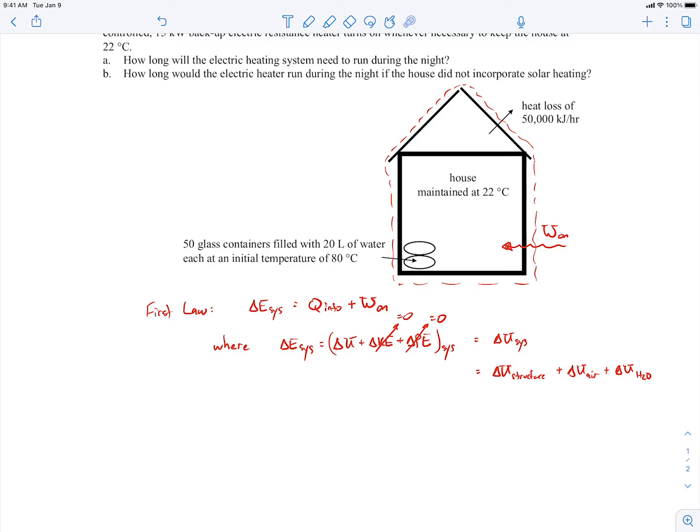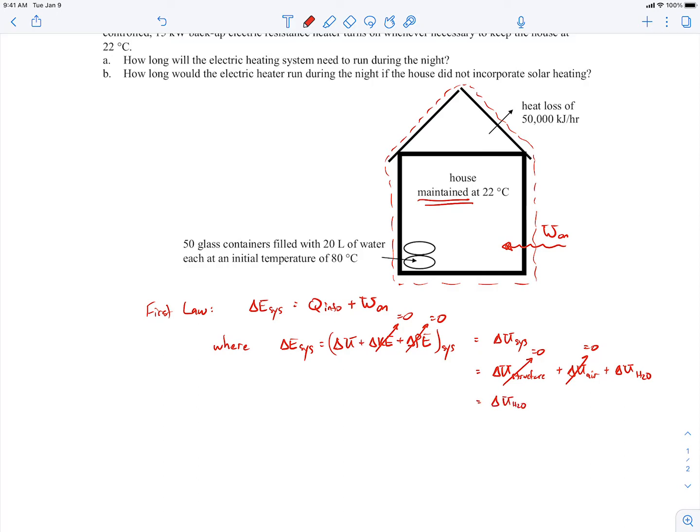Now, since the house is being maintained at 22 degrees C, the structure and air inside the house will be at the same temperature. So these will be zero because the temperature is not changing, right? Again, the reason these are zero is because the house is being maintained at 22 degrees C, so the temperature isn't changing in there. So the only thing that's changing then is the internal energy of the water.